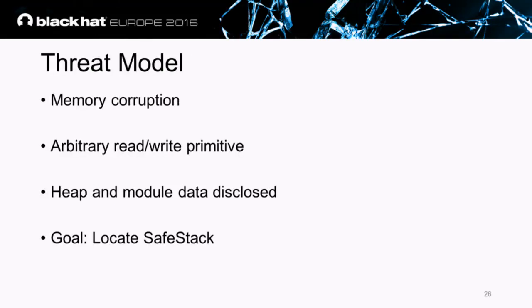But before we start, we are assuming that the program has a memory corruption and that this memory corruption enables an attacker to have an arbitrary read-write primitive, with which the attacker can leak the heap and module data. So it can read out the data, but it doesn't know where this stack is. And the goal is to locate the safe stack.